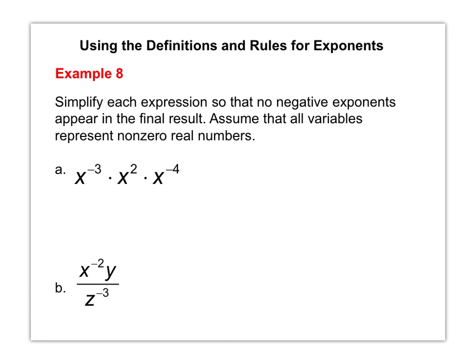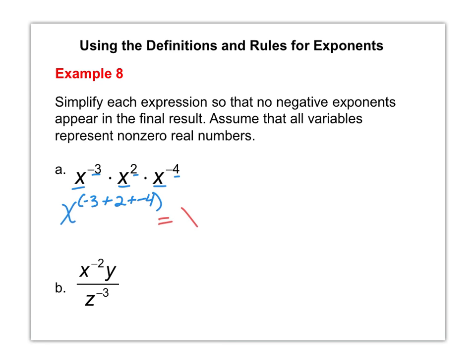All right, in example 8, we want to simplify each expression so that no negative exponents appear in the final result. Assume that all variables represent non-zero numbers. Now we can do this in several ways. For part A, we can use the product rule. If all these bases are the same and you're multiplying, then you're going to add these exponents. So it's going to look like x, the single base x, raised to the negative 3 plus 2 plus negative 4 power.